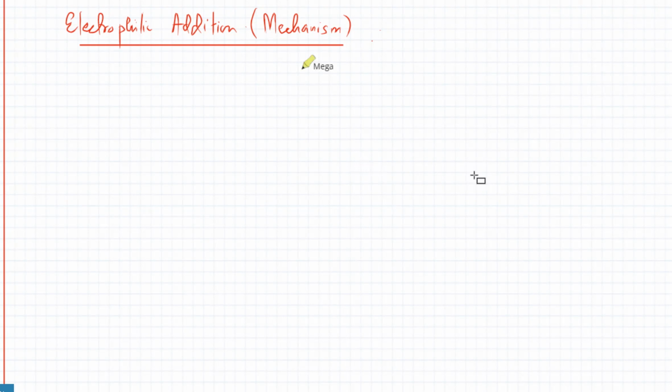So I've got an ethene molecule. The basic reaction is that when you have an ethene molecule, the bromines simply get added to the 2 carbon atoms.